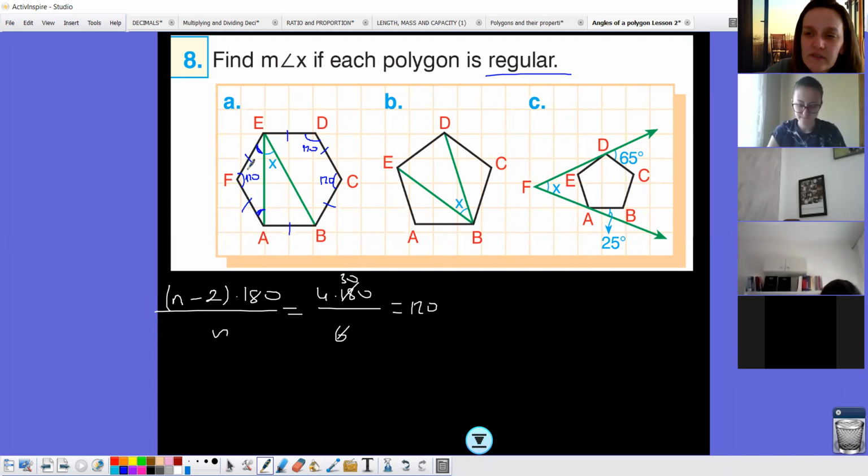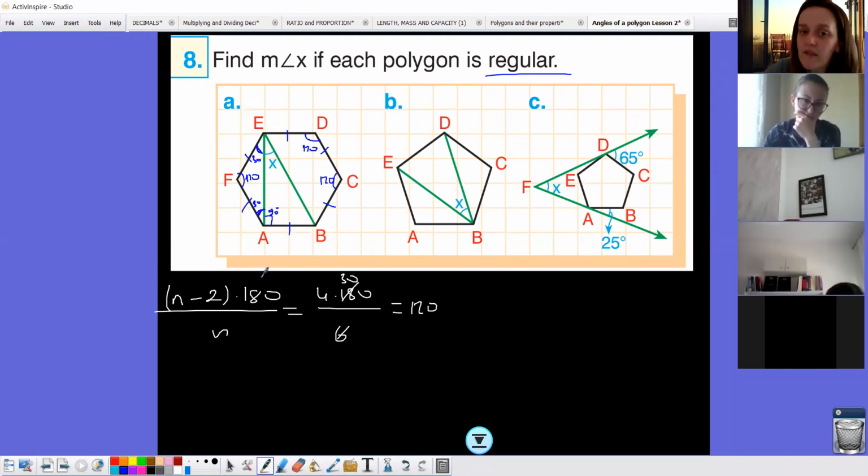So what is left? 60. So this one will be 30 and this one will be 30. So if this all is 120 and this part is 30, so this is 90 degrees. We found it. We cannot say it directly.